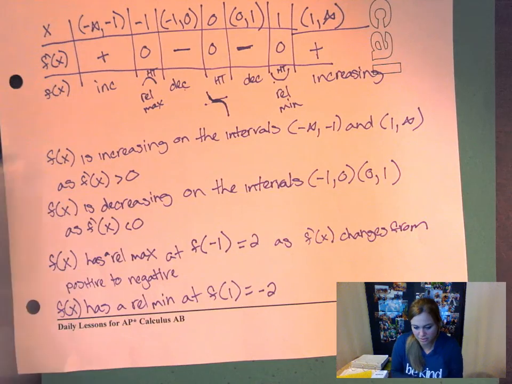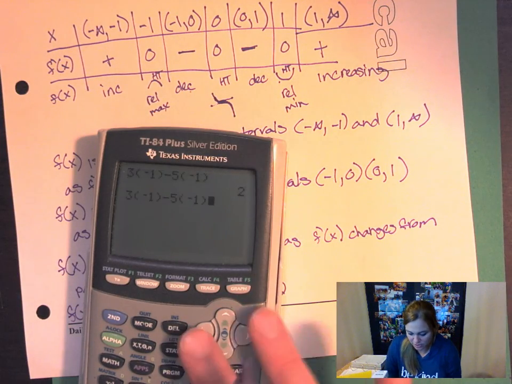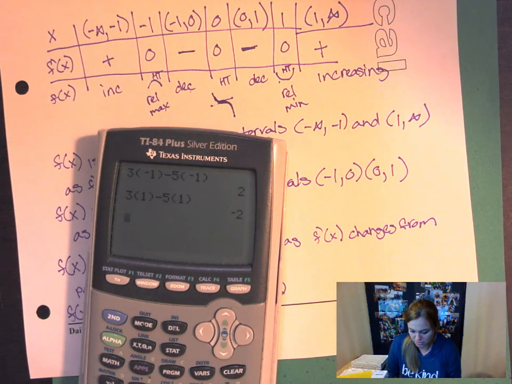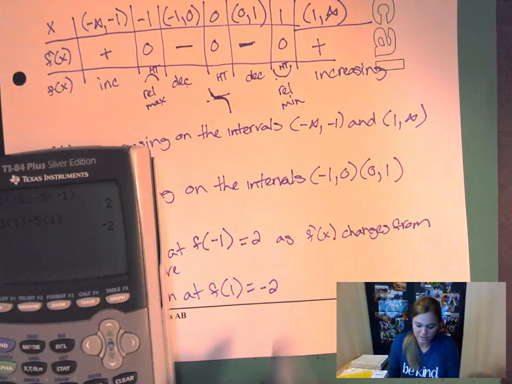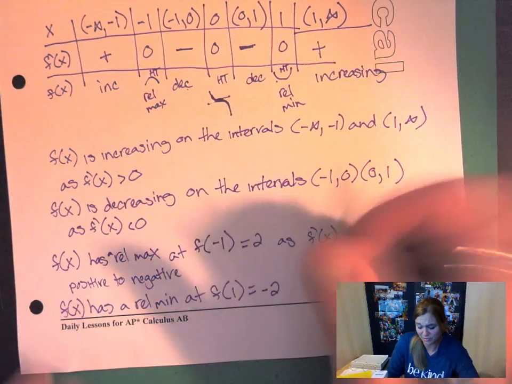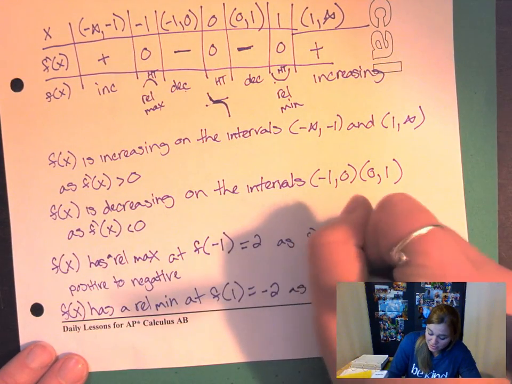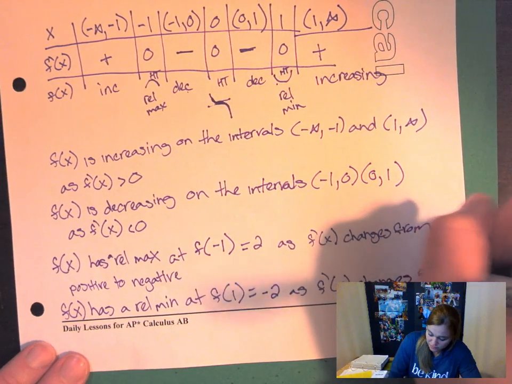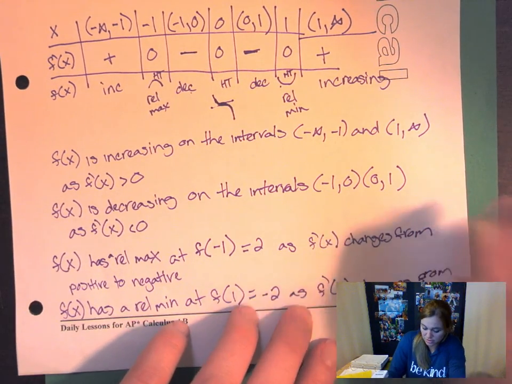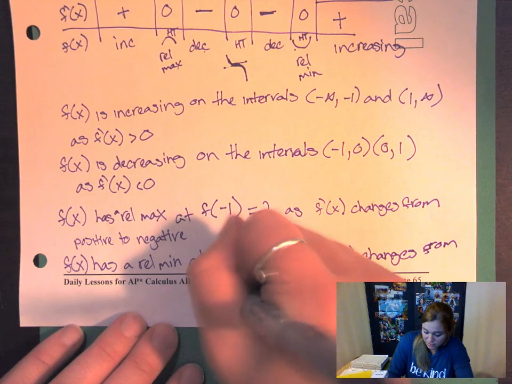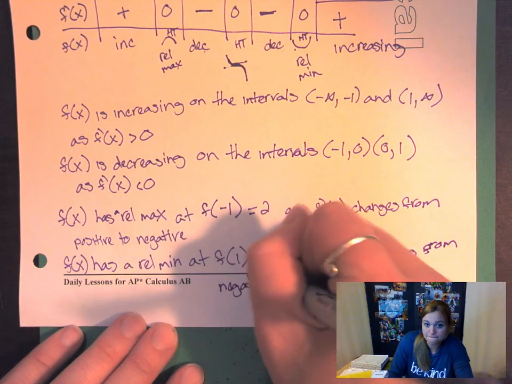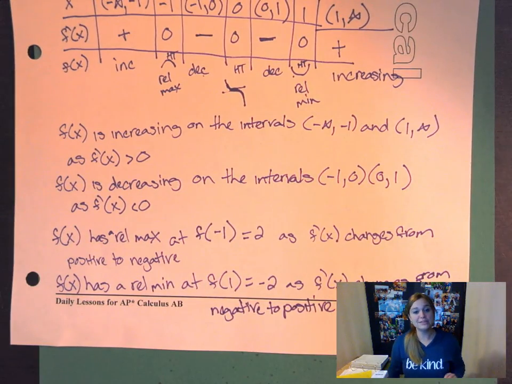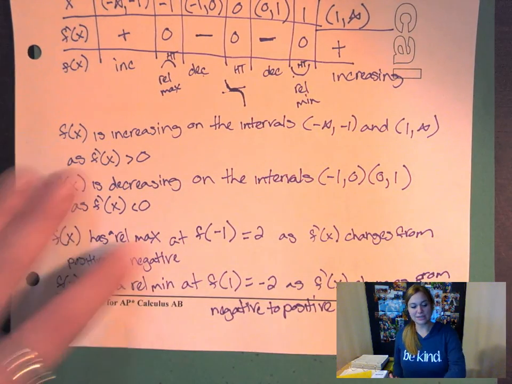This would be the same thing as before, except I'm putting in 1. Yeah, we got negative 2. I don't know why that was so hard for me right now. I'm very tired. As f prime of x changes from negative to positive, or you could have said f of x changes from decreasing to increasing.